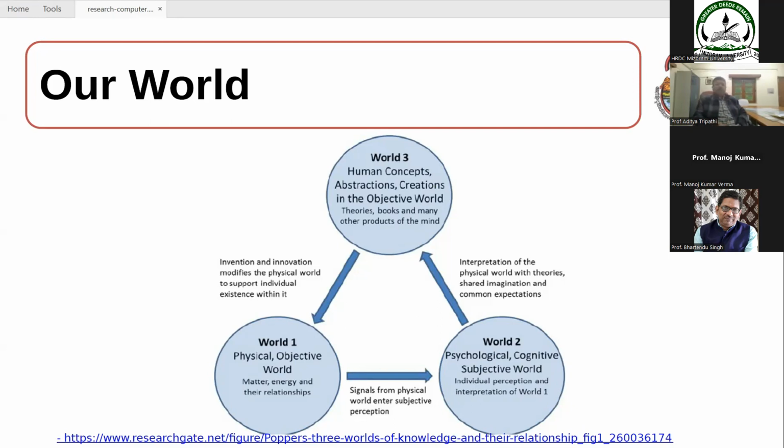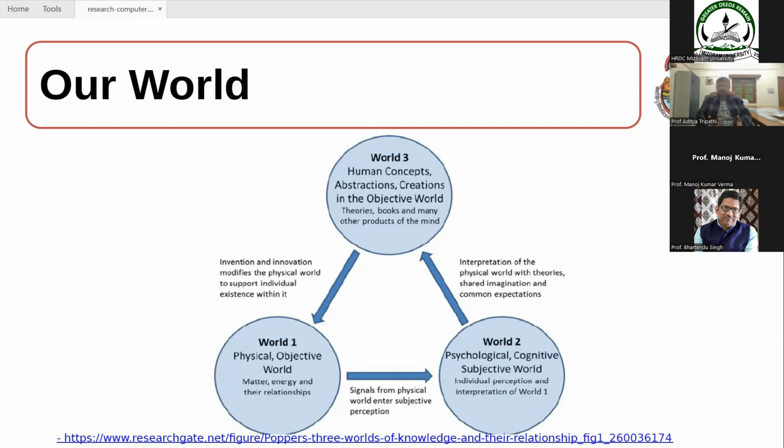Then comes World Number Three. This is the outcome of World Number Two. So whatever I understood about a person, about the subject, here we have taken Dr. Manoj as a subject, when I am writing a note about him, I may write something, the other person may write something else, based on our experiences with the person, based on our experience with the subject.